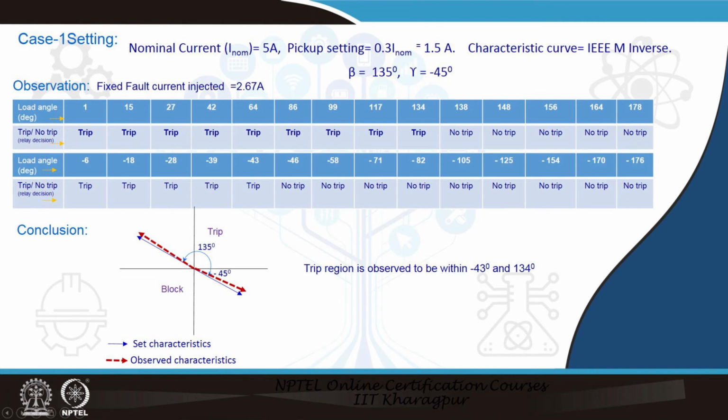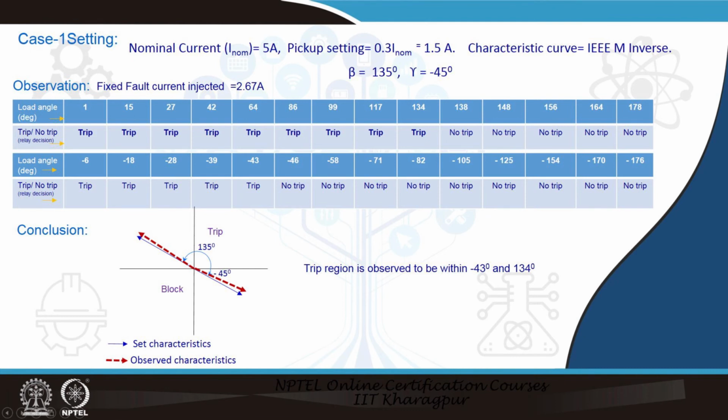On the positive side, if you see the angle, the boundary between trip and no trip is between 134 and 138, as our beta angle is 135 degree. So, if we plot these two, the observations and the corresponding expected values, the trip region is observed to be within minus 43 degree to 134 degree.